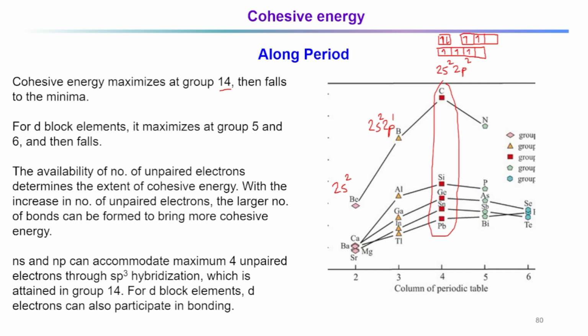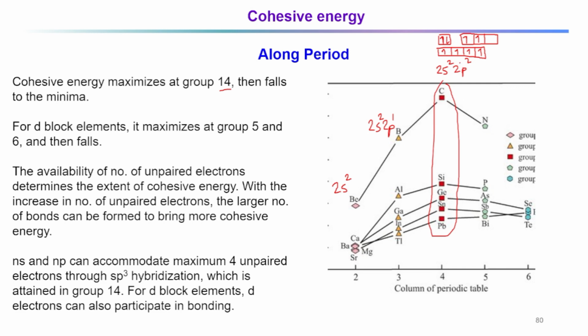So this is called sp3 hybridization, and carbon forms this sp3 hybridization. Now in sp3 hybridization, all orbitals have only one electron, so all these four orbitals can participate in bonding.